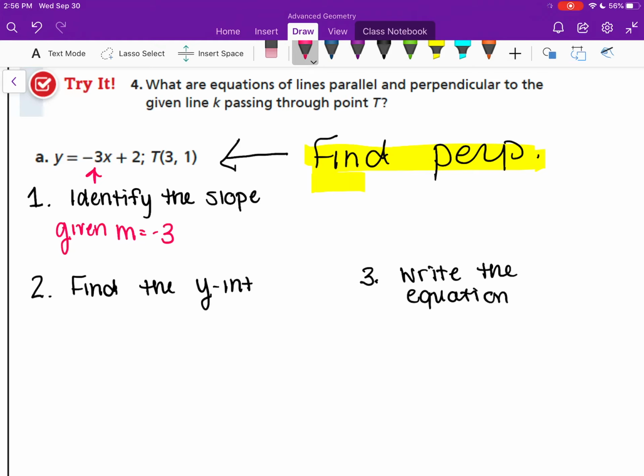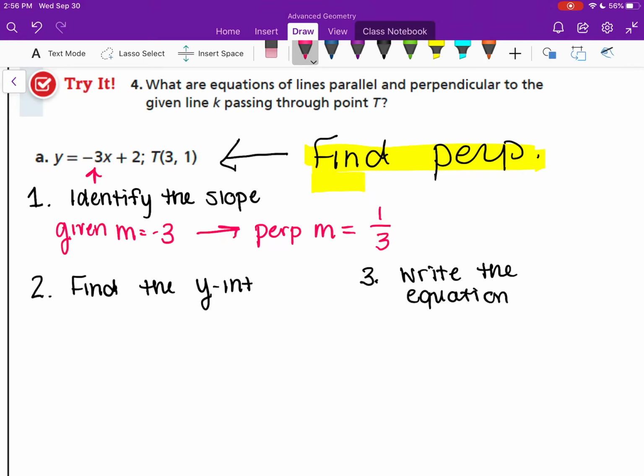Now I want to write the perpendicular slope. m is going to equal, I'm going to flip that fraction, so now it's 1/3. And it was negative, so I want it to be positive. So a positive 1/3 would be my perpendicular slope.